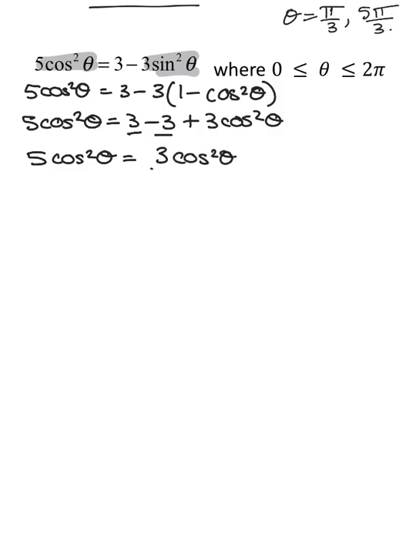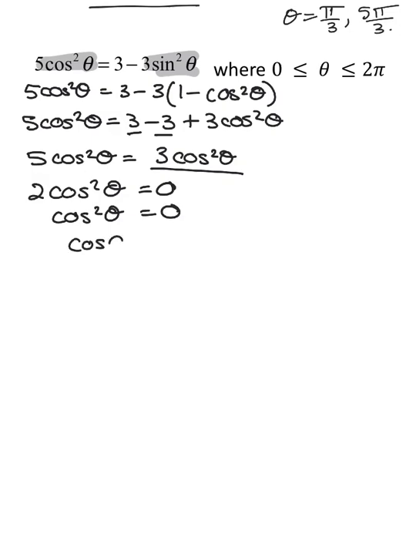Now I'm going to minus the 3 cos squared off each side. So I'll have 2 cos squared theta equals 0. Divide by 2, cos squared theta equals 0. Take the square root. Cos theta equals 0.